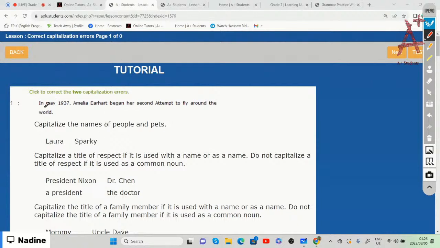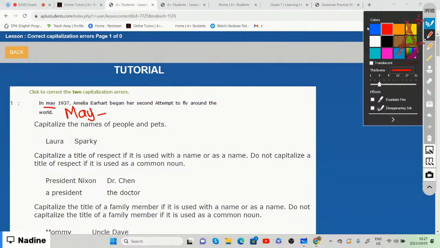So we're going to correct the first one by writing it with a capital letter. So it's capital M for May, because May is a month of the year, right?